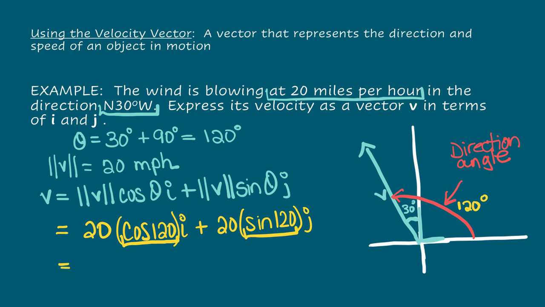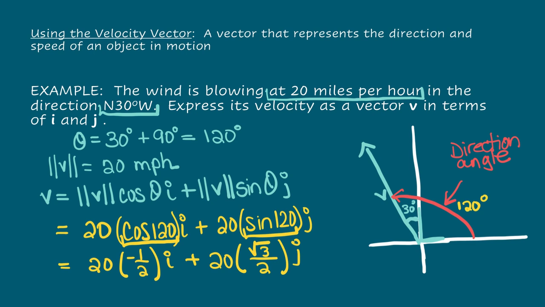So 20 times the cosine 120. Cosine 120 is negative 1/2. And 20 times sine 120 is square root 3 over 2 j.